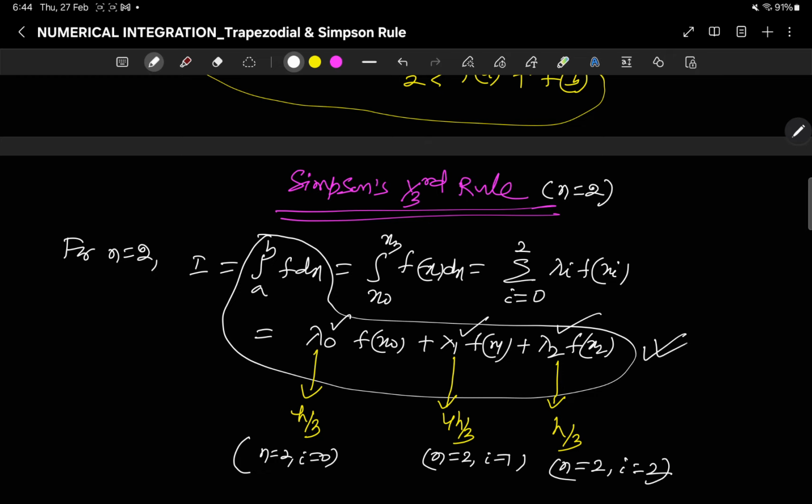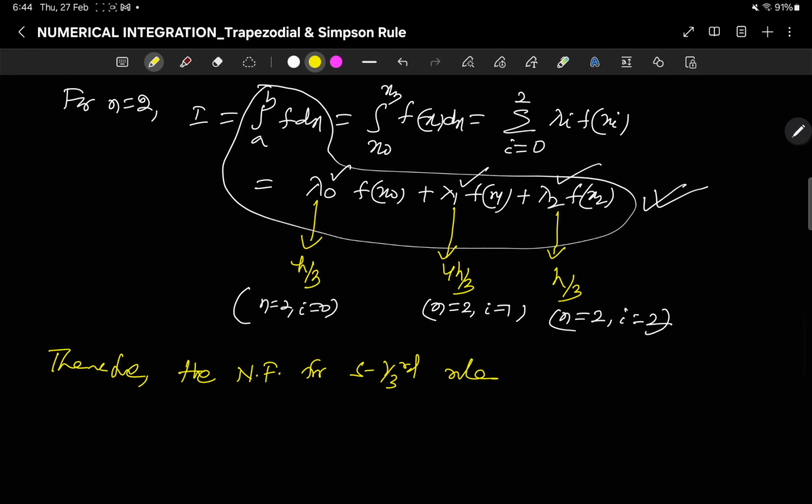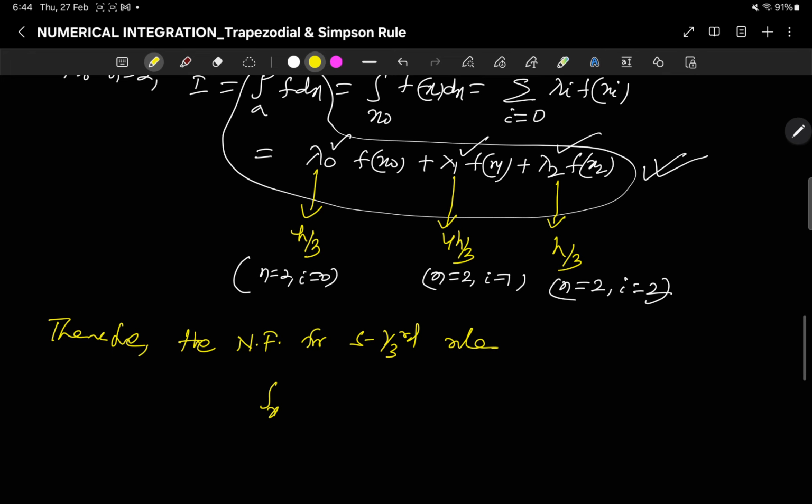Now if you substitute it here, the necessary formula for Simpson's 1/3 rule is integral x0 to x2 f dx is equal to h by 3 [f0 plus 4f1 plus f2].